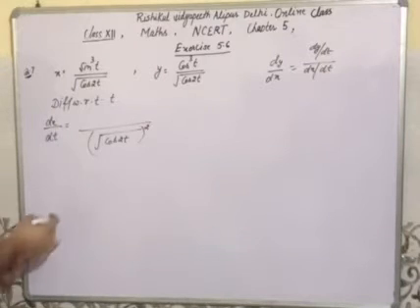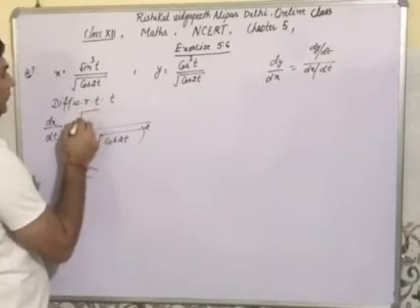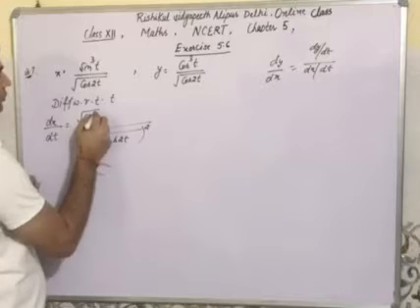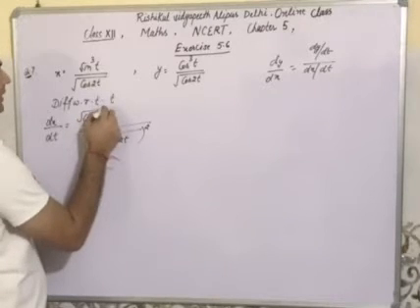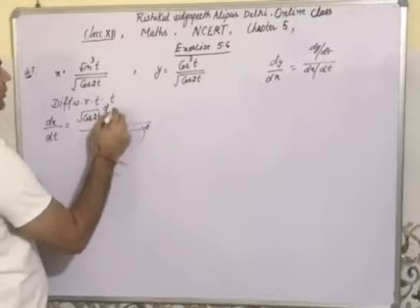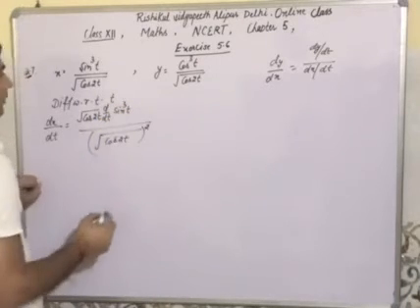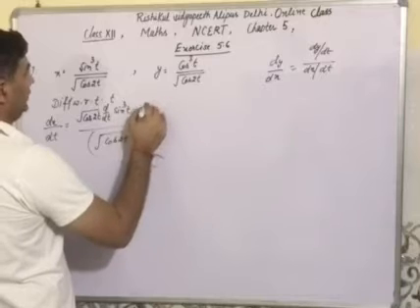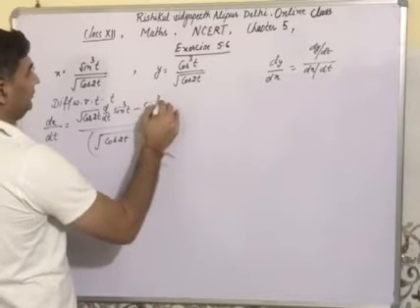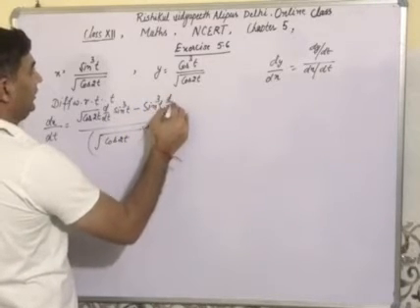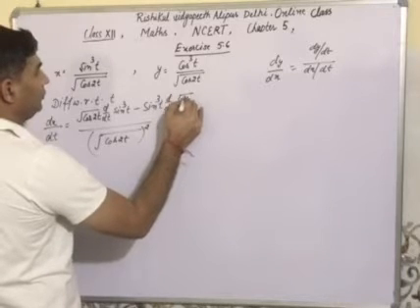Then square root of cos 2t and d by dt of sin cube t, minus sin cube t and d by dt of root cos 2t.